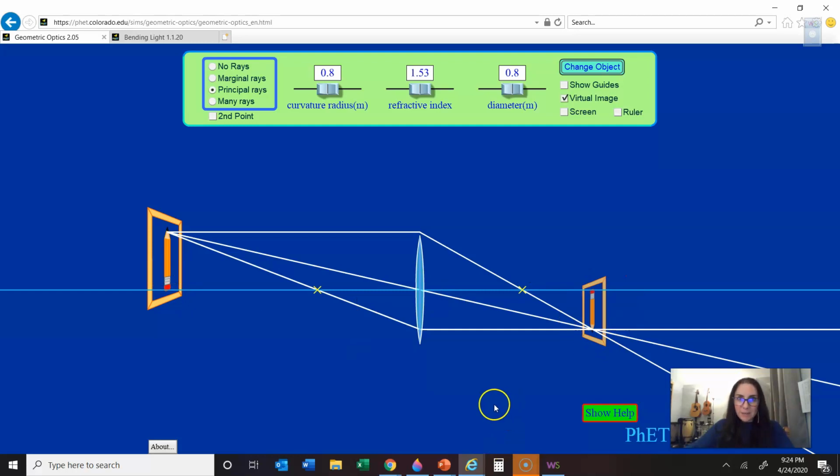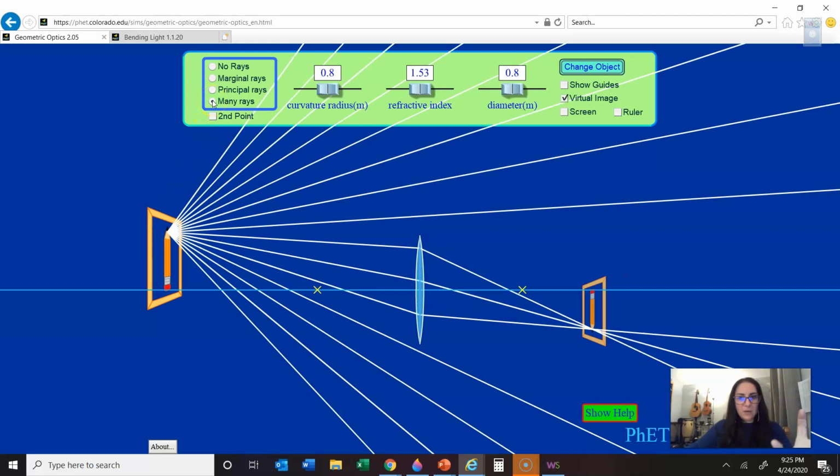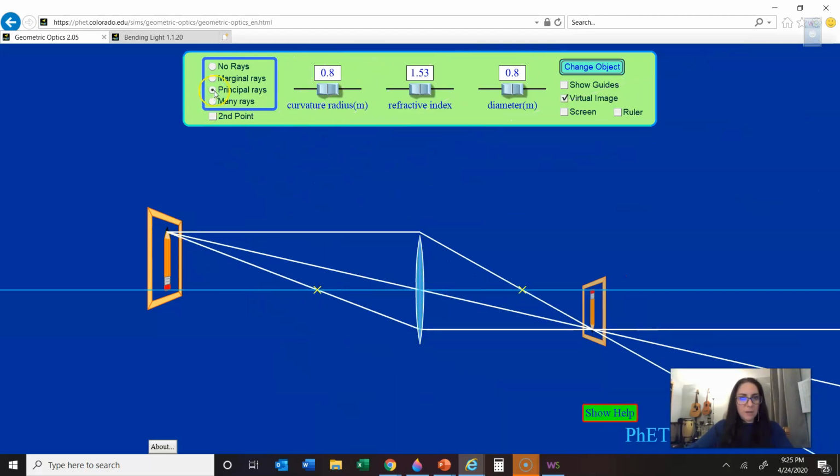Real images happen specifically when those rays cross. Notice that all these rays cross and come to a focal point. In fact, it's the rays from the top of the object. Technically, this thing is giving off rays at all different locations, but again, we simplify things. So all the rays from the top of this connect to here, and that tells us where the top of it is. So that's a real image.